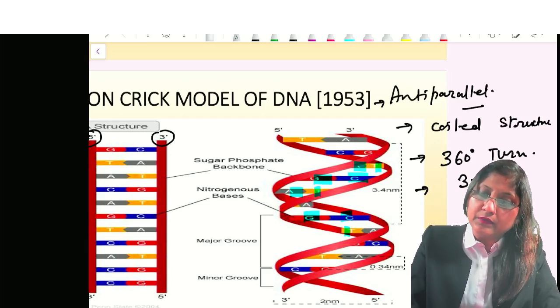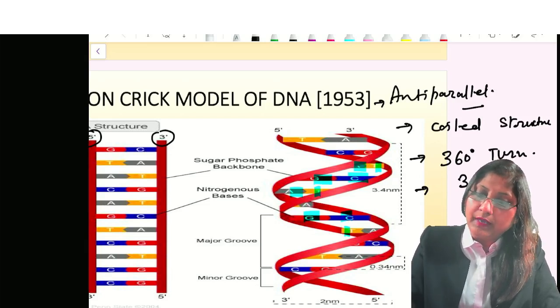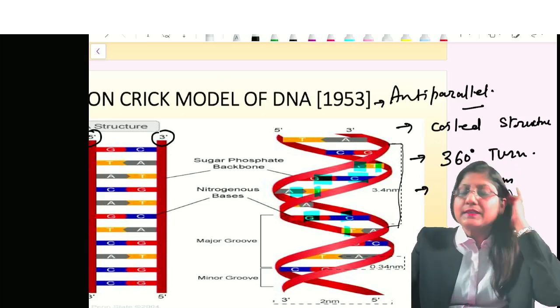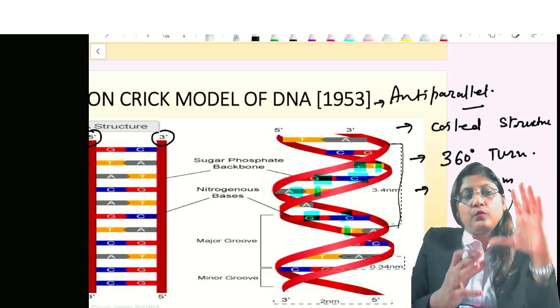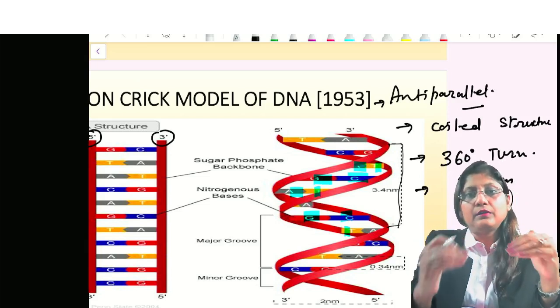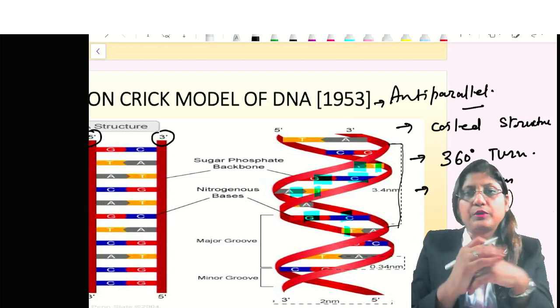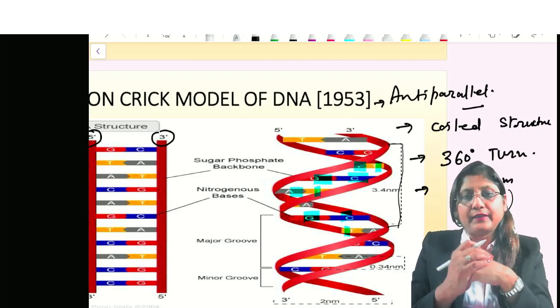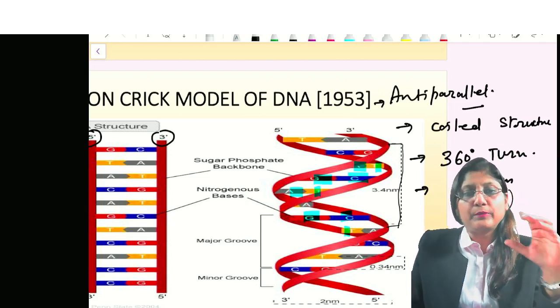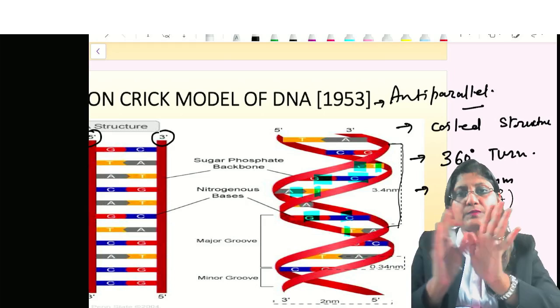In other units, it is 34 angstrom. In one complete turn of double-stranded DNA, there are 10 nucleotide pairs which make the steps of the ladder. So in one major groove, covering the height of 3.4 nanometer, you have 10 nucleotide base pairs.